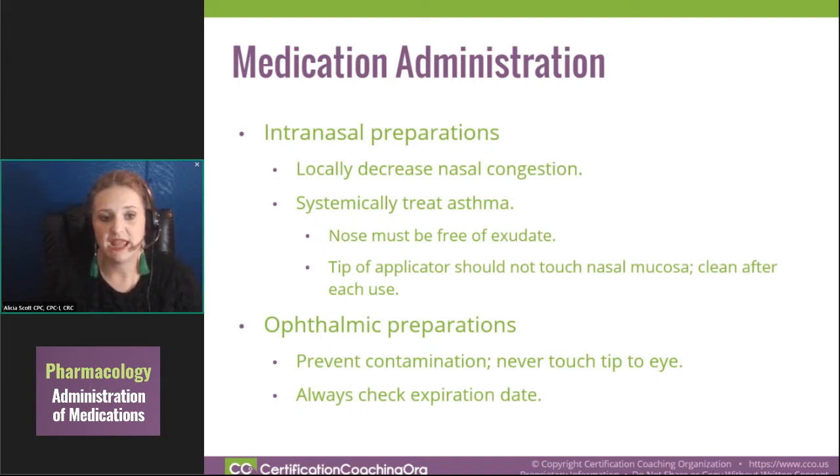Intranasal medications. This is almost always just a local effect. So we give a medication intranasally for the most part because the patient is congested, right? And we're going to administer it through the nares, which is your nostrils, and get into those mucosal membranes in the sinuses.